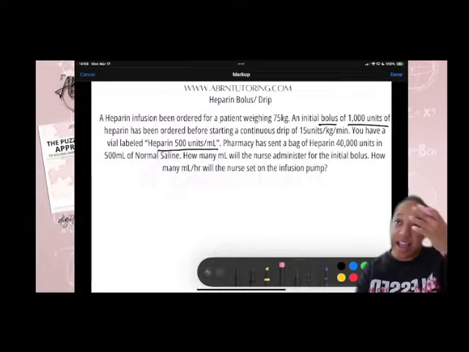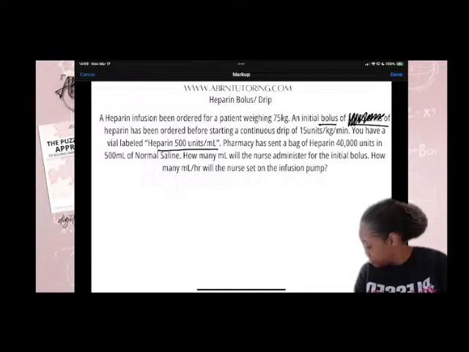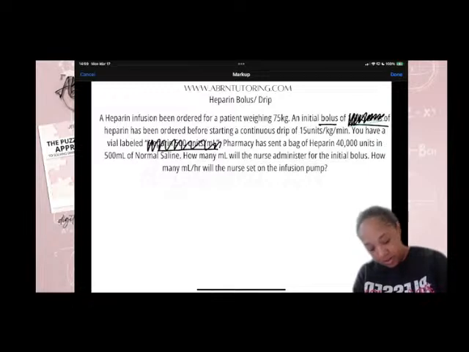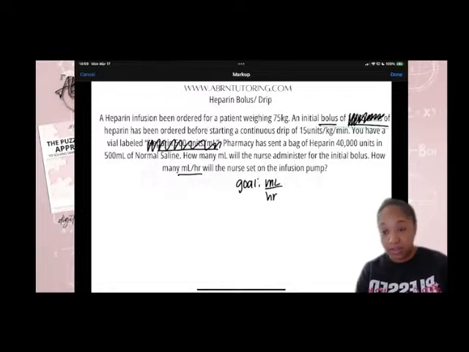All right. So now we're going to do the drip part. So we've already given the bolus. So once it's gone, it's gone. So our goal is milliliters per hour for the drip. How many milliliters per hour?